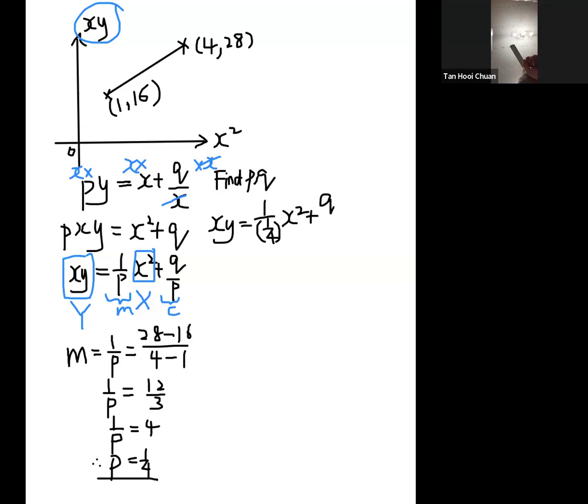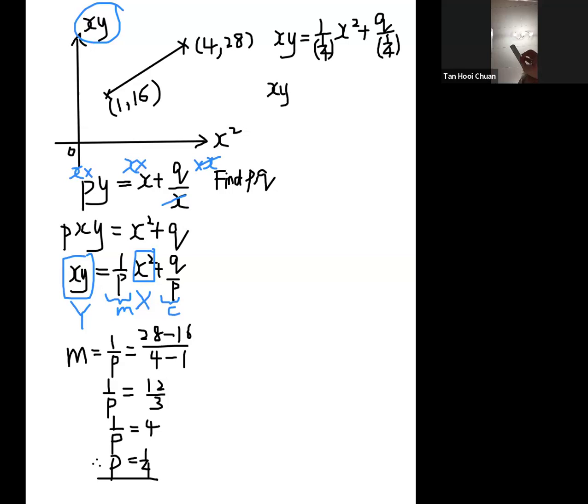I write this in front to show you. xy equals 1/4 x squared plus q over 1/4, so xy equal to 4 x squared plus 4q. Okay.